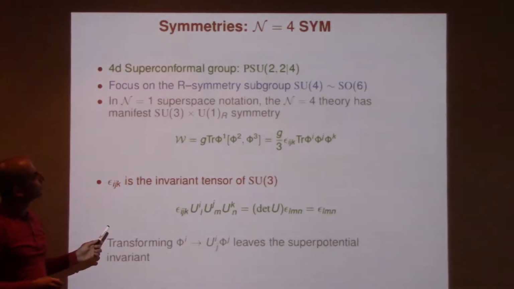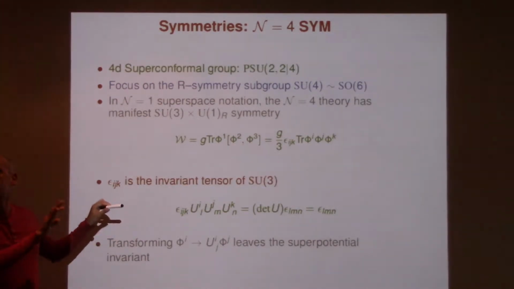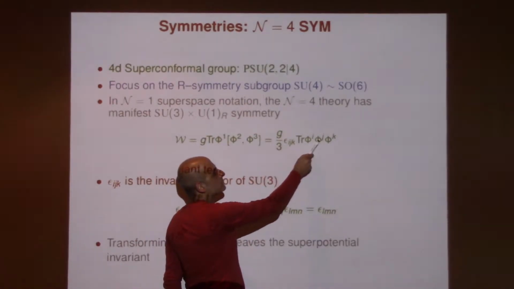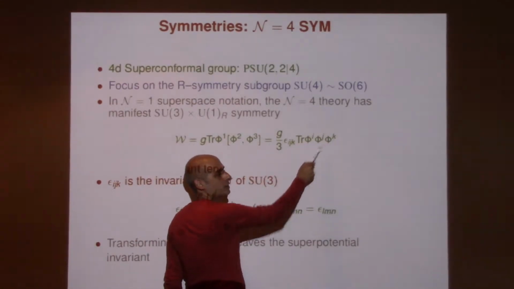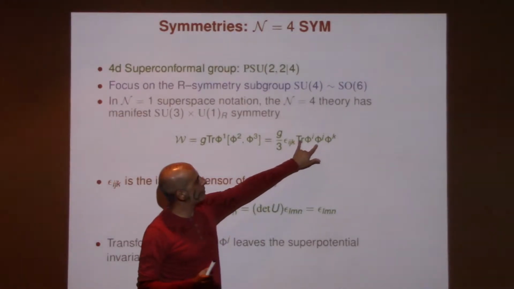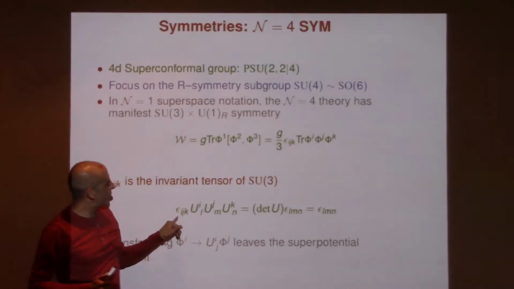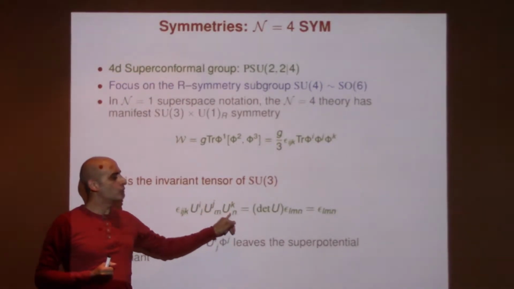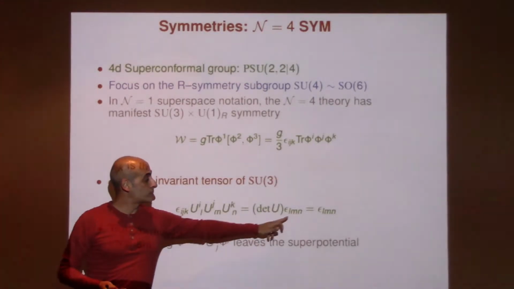And the reason that this is invariant under SU(3), and again this is for the students, is suppose I take phi to U phi, so phi j to U phi j, and phi k to U phi k, then what happens is that I extract from here three U's. Now they get hit by this epsilon symbol, and what happens to epsilon times U? Well, that gives me a determinant times an epsilon again.